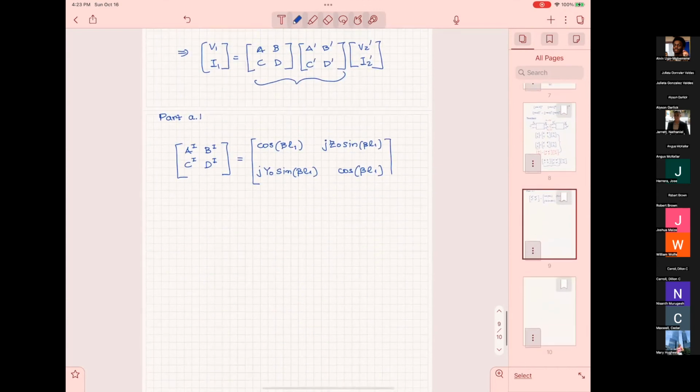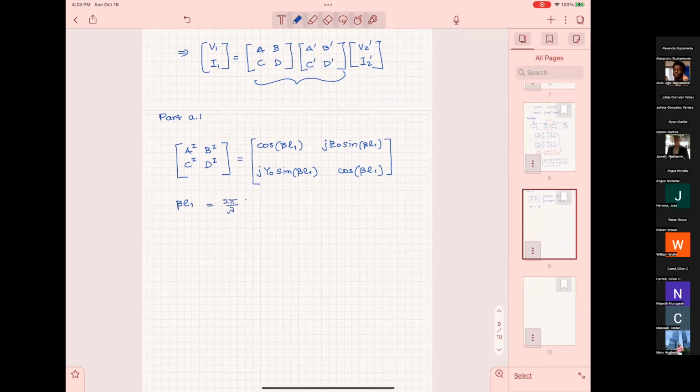Now, before I try to put the other matrices, I need to plug in beta L1. First of all, beta is 2 pi over lambda. And then how much is L1?